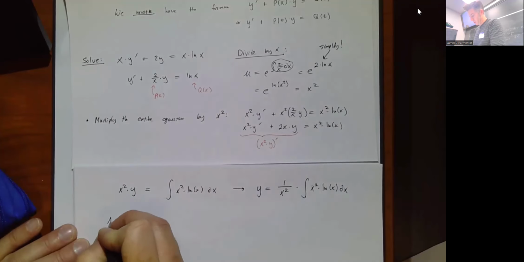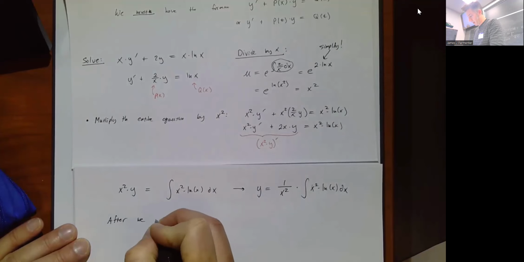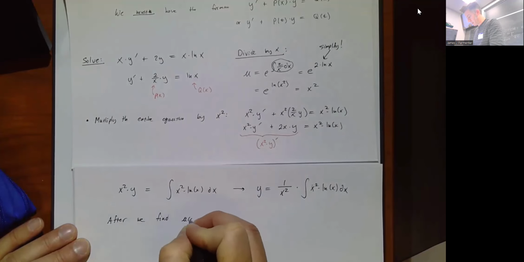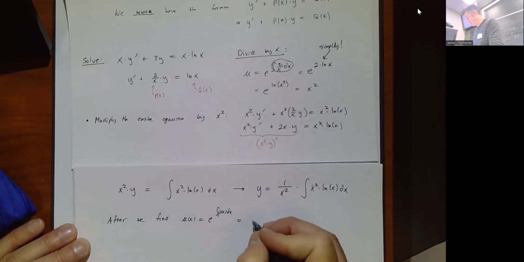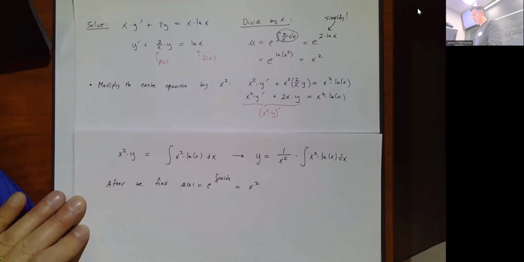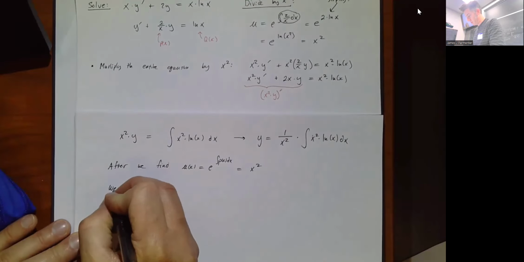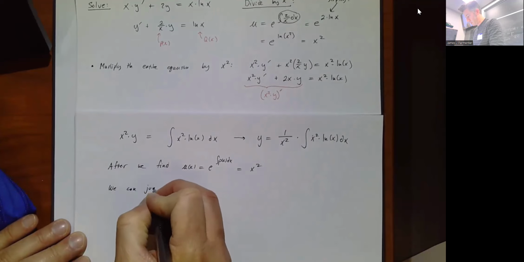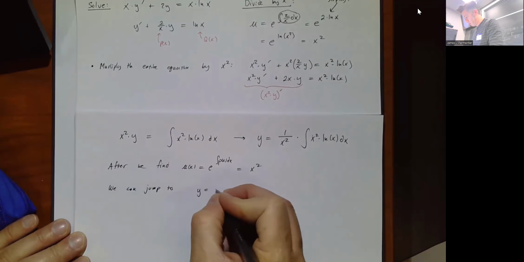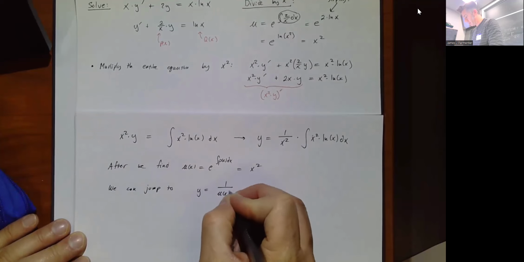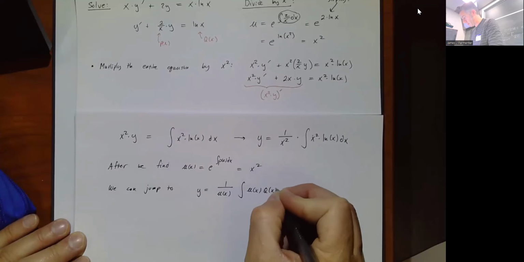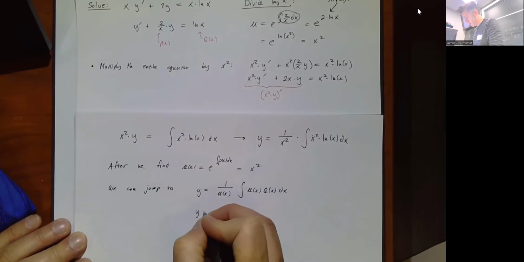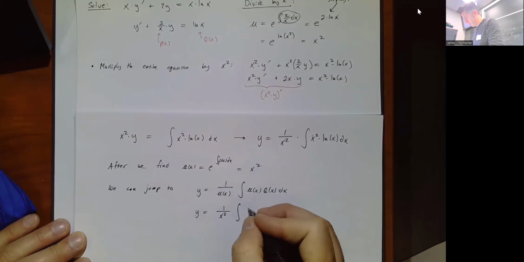So after we find mu of x equal to e to the integral of p of x, which in this case happened to be x squared, some people are cool with jumping to the solution, which is that y is equal to 1 over mu of x times the integral of mu of x times q of x, which in this case happens to be 1 over x squared times the integral of x squared times natural log of x.